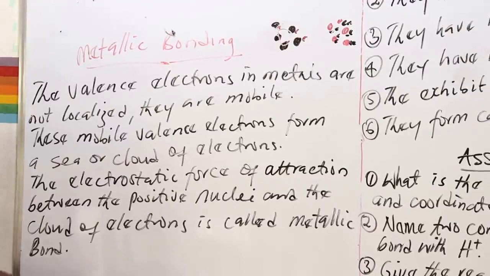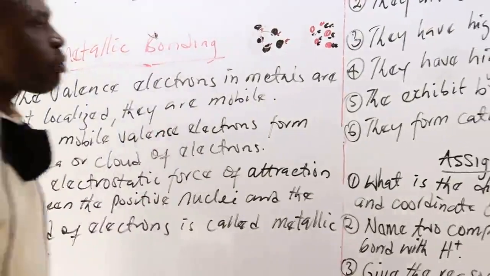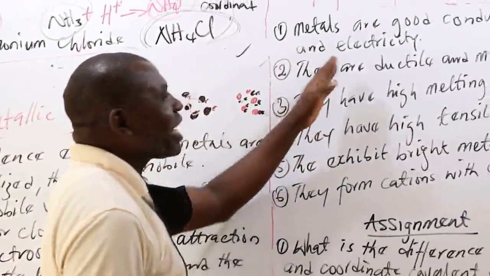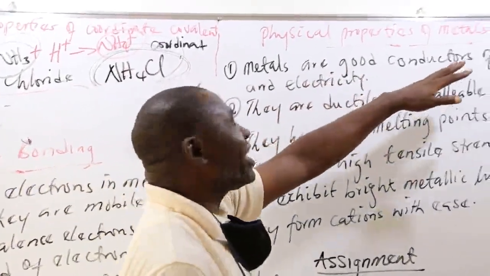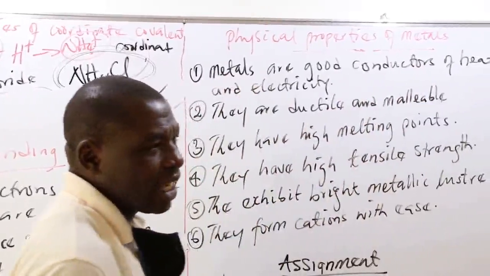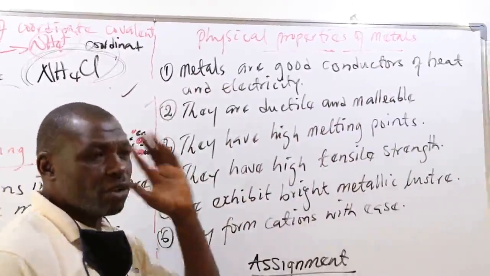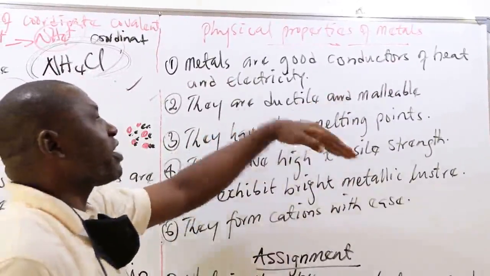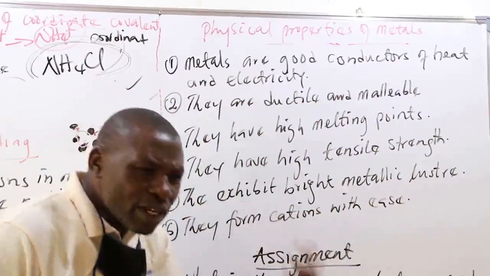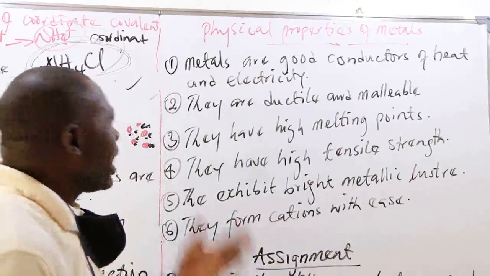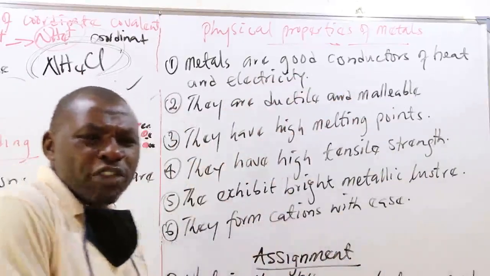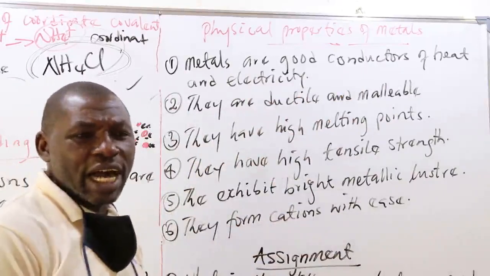Alright? Now let's quickly look at the physical properties of metals. We say metals are good conductors of heat and electricity. I am sure you have learned this even from your junior class. And what's the reason why they are able to conduct heat and electricity? The reason is the mobile valence electrons that they have.